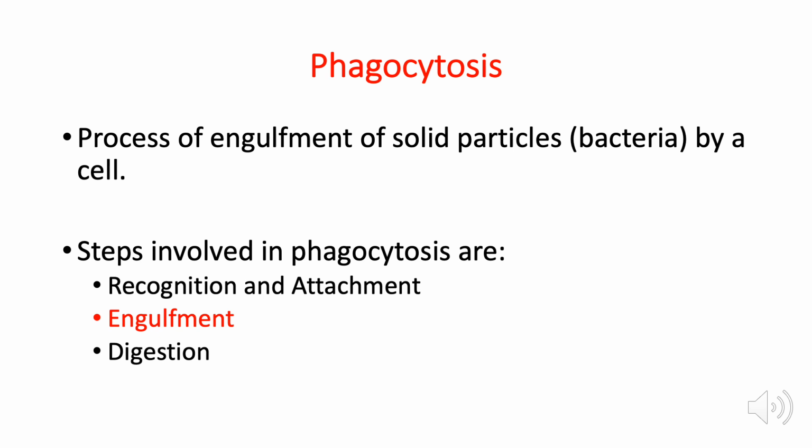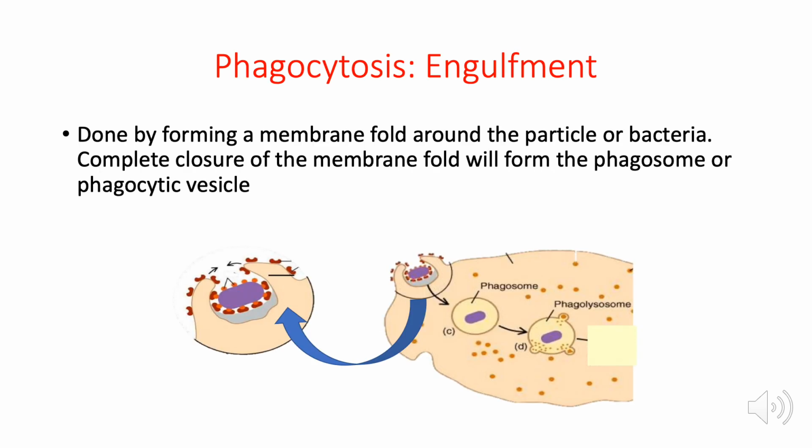After recognizing that the cell in front of it is food and it has PAMP, it's now time for the phagocyte to engulf the pathogen or offending microorganism. So the next step for phagocytosis is engulfment. Engulfment is done by forming a membrane fold around the particle or bacteria.